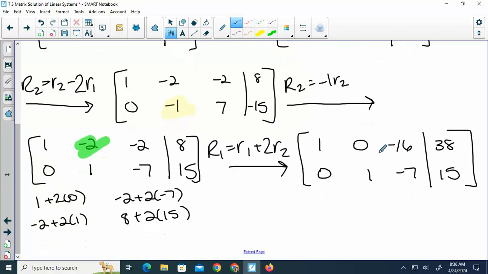Then we would move to column 3, but do we have a row 3, column 3? No, so we can't finish. So my equations: x minus 16z equals 38, and y minus 7z equals 15.